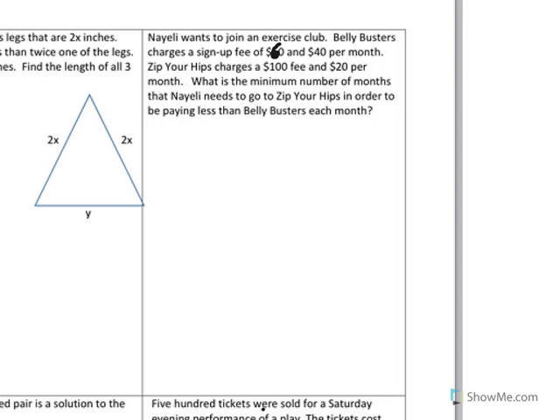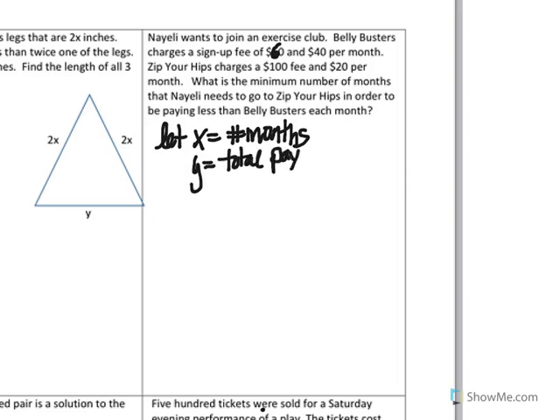Okay, so first of all, we need to define our variables. I'm going to let X equal the number of months that Nayeli is going, and Y the amount she has to pay. Now let's write two equations. Belly Busters is a $60 sign-up fee and $40 per month.